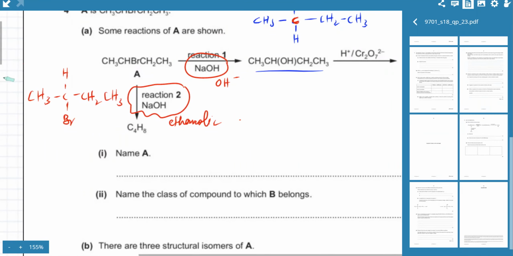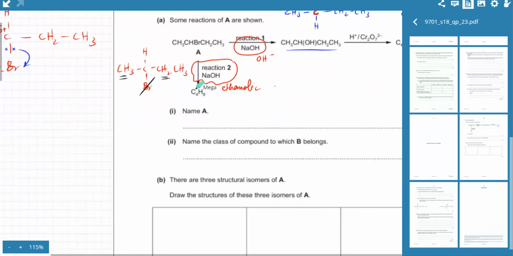The Br is removed from one of the carbon atoms, and the H is removed from the neighboring carbon atom. So it could be on the right side, or it could be on the left side. So you're going to get three different types of alkenes. You would either have a double bond forming on the right side, or you would have a double bond forming on the left side of the carbon atom.